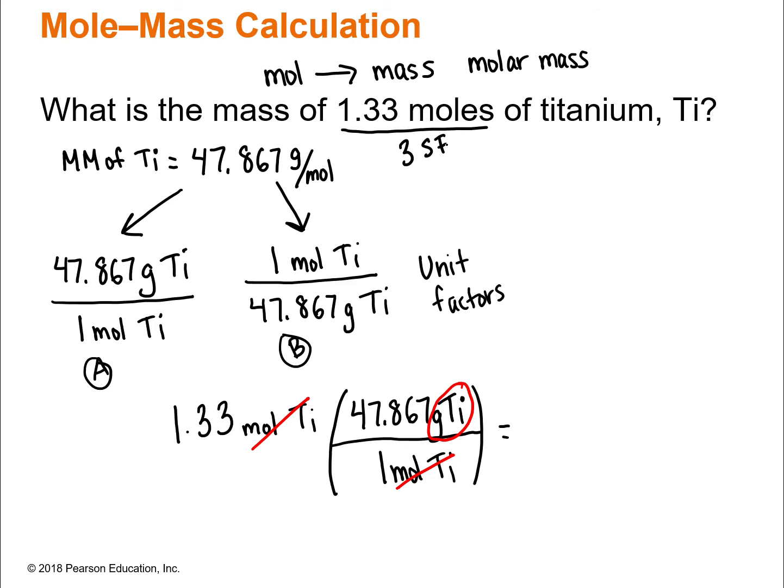There's 3 sig figs here, so we're going to use 3 sig figs for our answer. So you should get 63.7 grams of titanium. We good on that one?